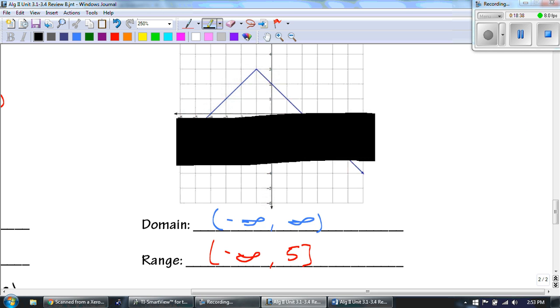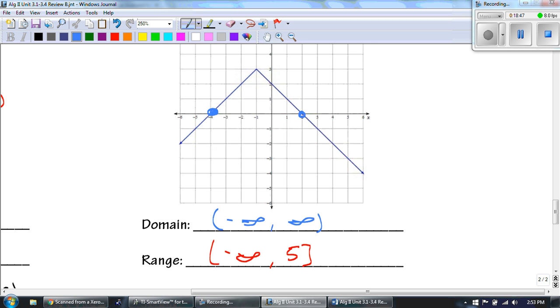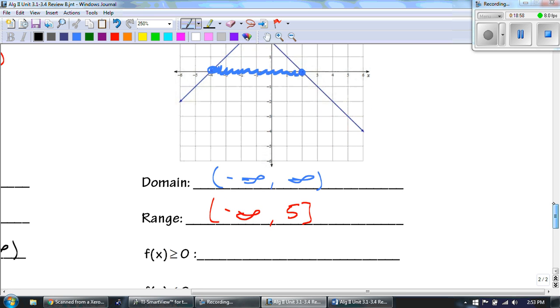And this one's different. Where are we above this time? Well, I'm above from negative 4, sorry, I can't see it, to 2. And this is where I am above 0. Okay? So I'm going to go ahead and write that in.